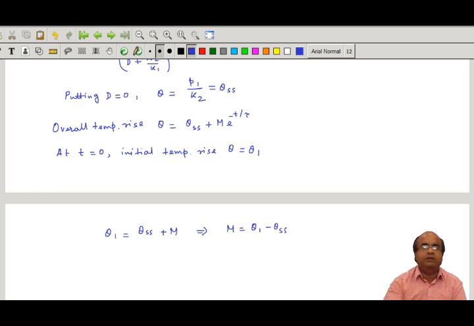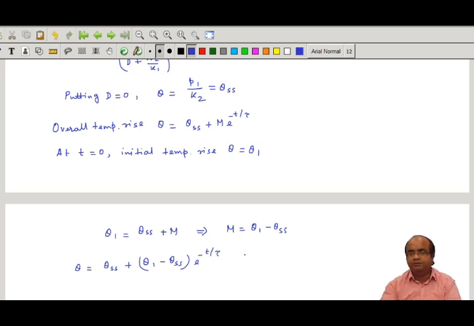Now put this value. Then overall temperature rise becomes theta equals theta SS plus theta 1 minus theta SS into e to the power minus t by tau.